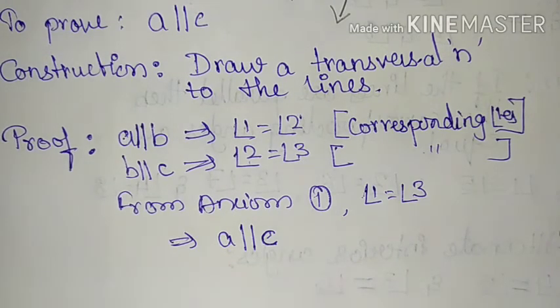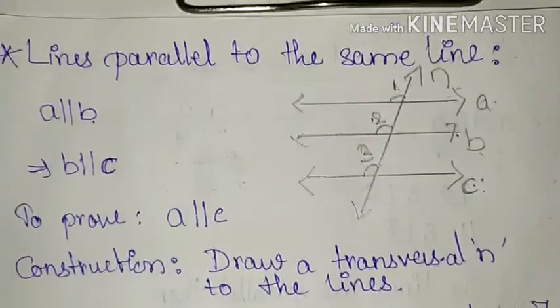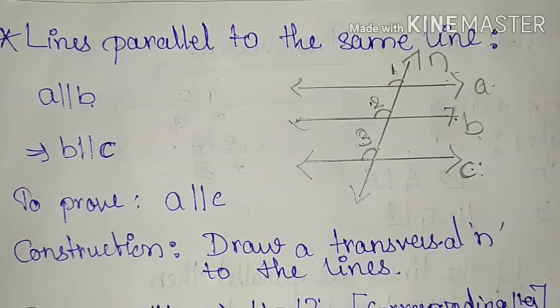So this is the concept of lines which are parallel to the same lines. When we have two parallel lines and we have a third line which is parallel to one of those lines, then that line will be parallel to the other line.